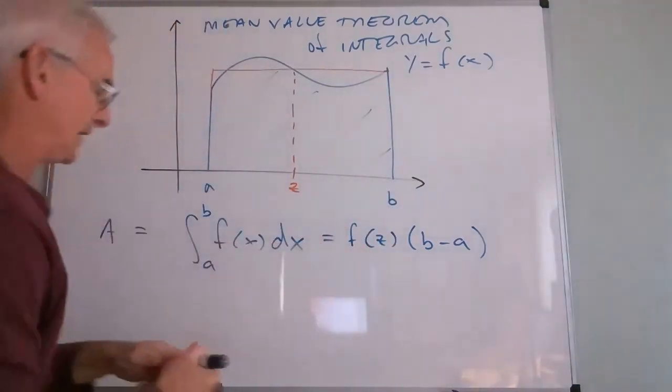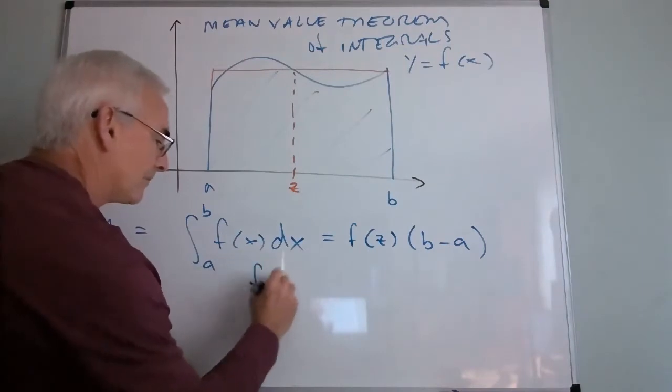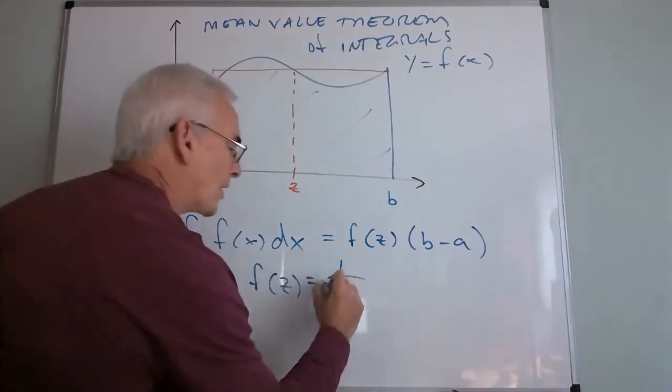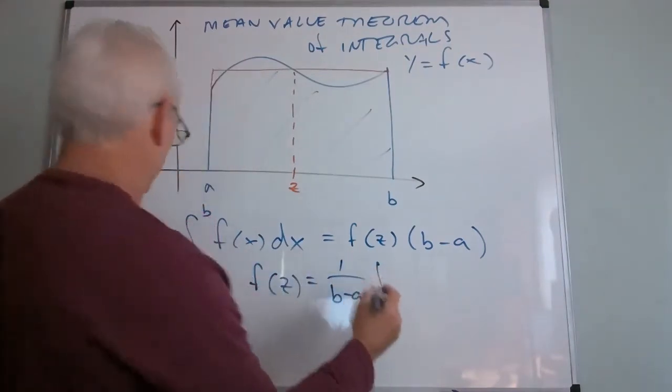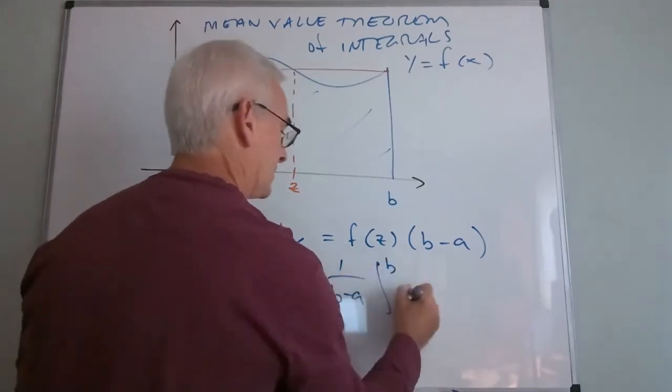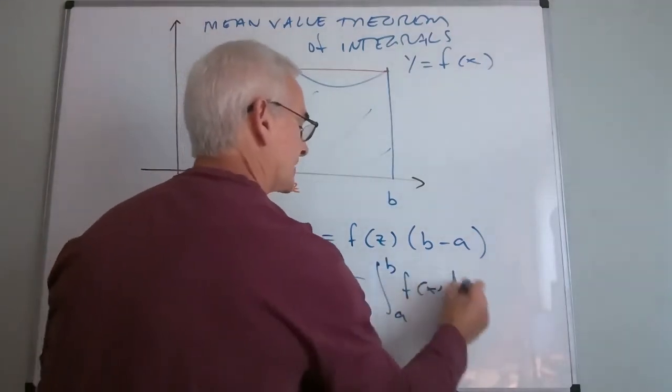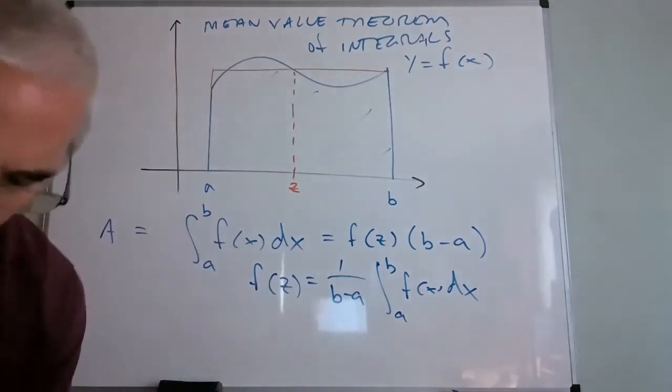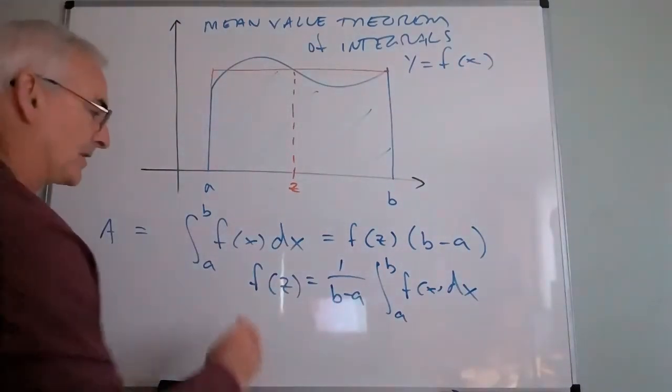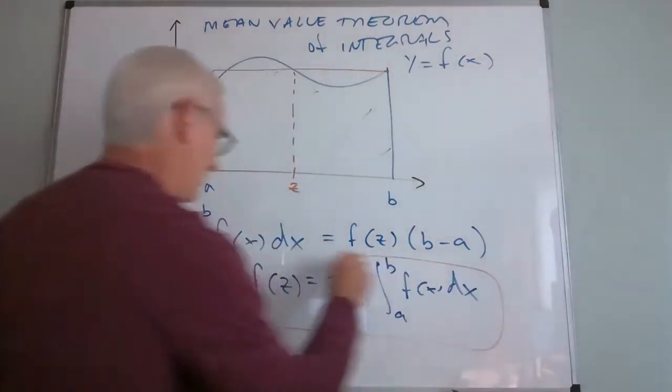So that also means that I could write f of z as 1 over b minus a times the integral from a to b of f of x dx. And so the mean value theorem really is kind of stated in this form.